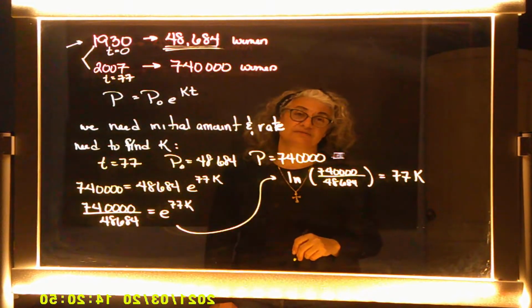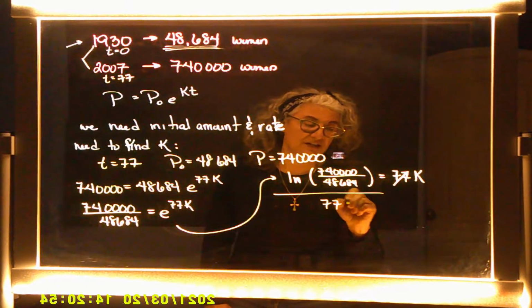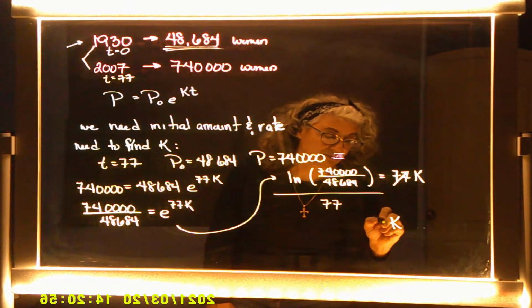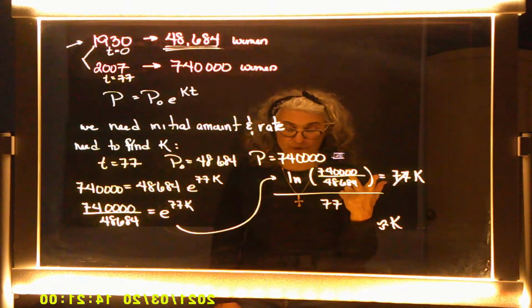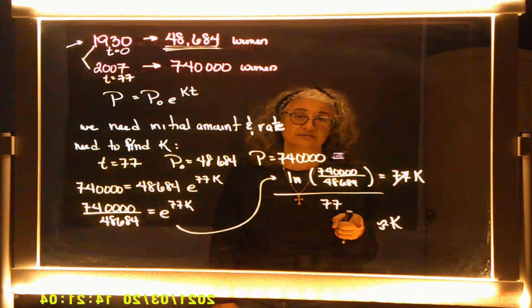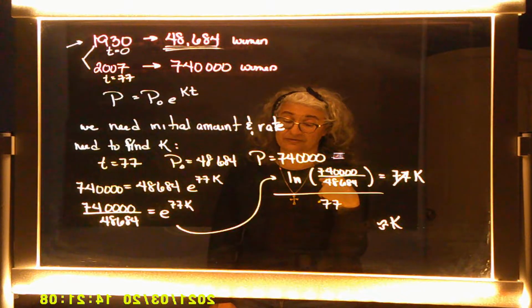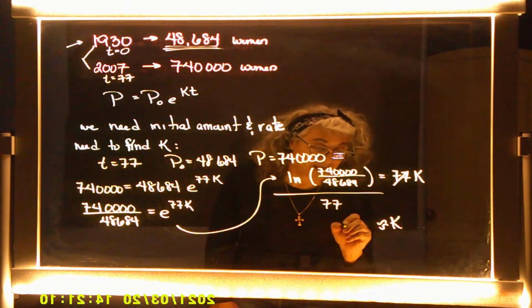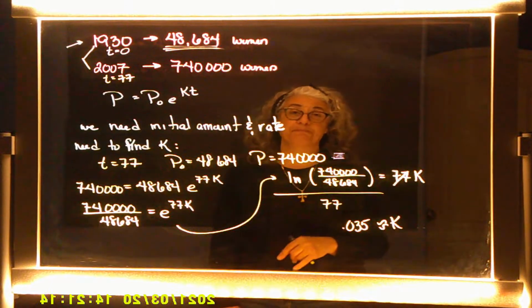And then what? Yeah, divide both sides by the 77. Okay. So you do your work. I'll do mine. Round to 3 decimal places on that k. And pause the video because I already got my answer. Got it? Okay. I got 0.035. That's what I got. Did you get the same?